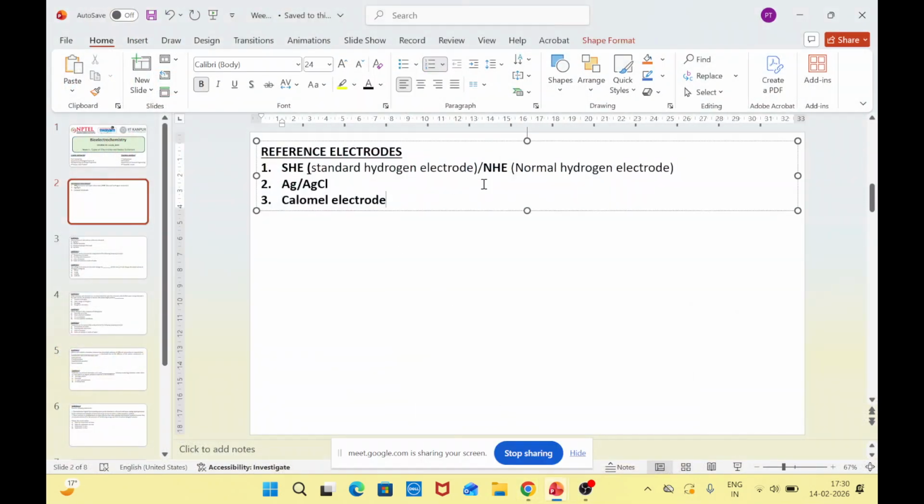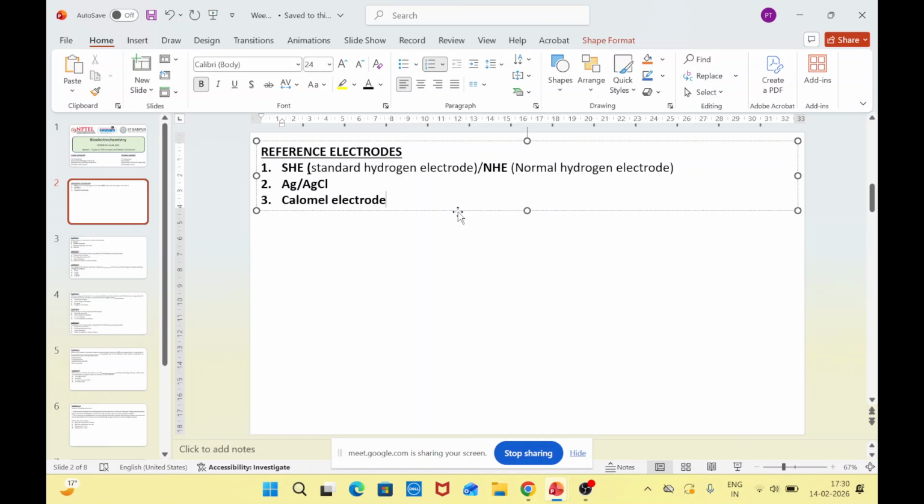Okay. So typically the reason is that in case of the standard hydrogen electrode, or also the normal hydrogen electrode, the electrode uses hydrogen gas as its source. As all of you know, H2 gas is very flammable.